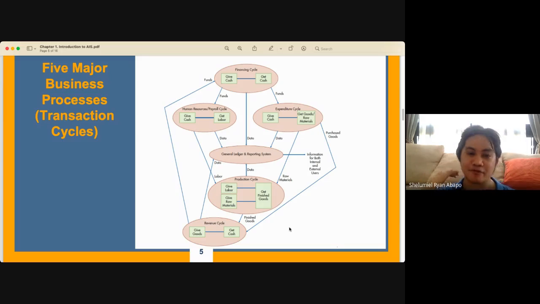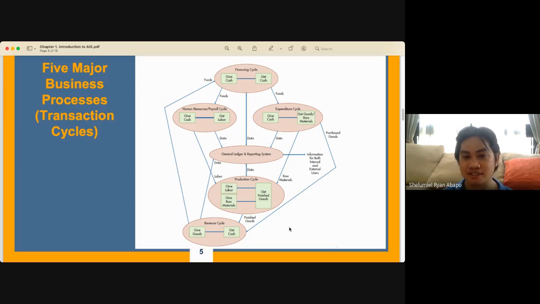Merchandising type of business. Now, for the production cycle, you notice that there is an arrow coming from human resources, because this will include the job sheet, the time sheet, and other computation of payroll, especially for those staff or employees that belong to the manufacturing sector, and these are considered to be part of the direct labor.